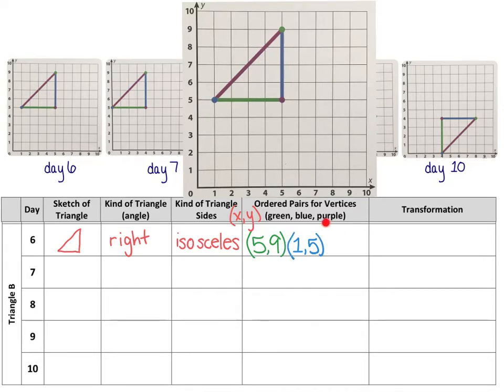Lastly, we will look at the purple point. Here is the purple point. The x-axis is 5, and the y-axis is 5.